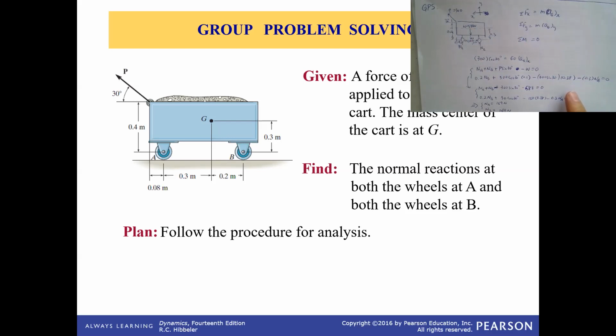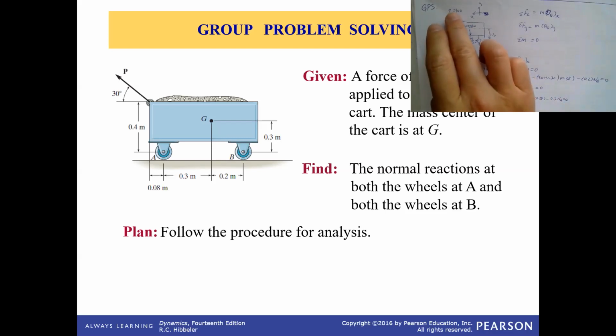Okay, so 0.2, that's the distance from the axis of rotation G to this NA, and then 0.3 times NB, the last term here, that is in the clockwise direction, so negative, okay, so positive on this guy, right, and then you're going to have positive on the X component of this guy, but the negative of the Y component from that guy.